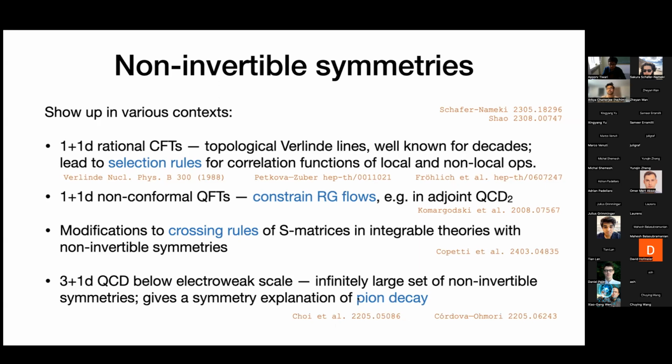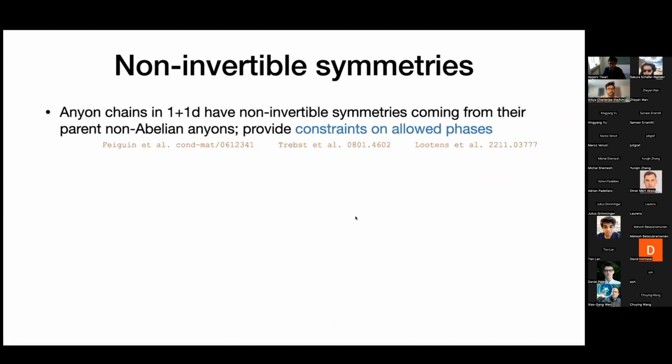I'll not go into these in too much detail, but this is to say that non-invertible symmetries have already shown some payoff, and they're interesting to consider. They have been considered in field theory, but they have also been considered in lattice models, for instance, in anyon chains, starting all the way back in 2006.